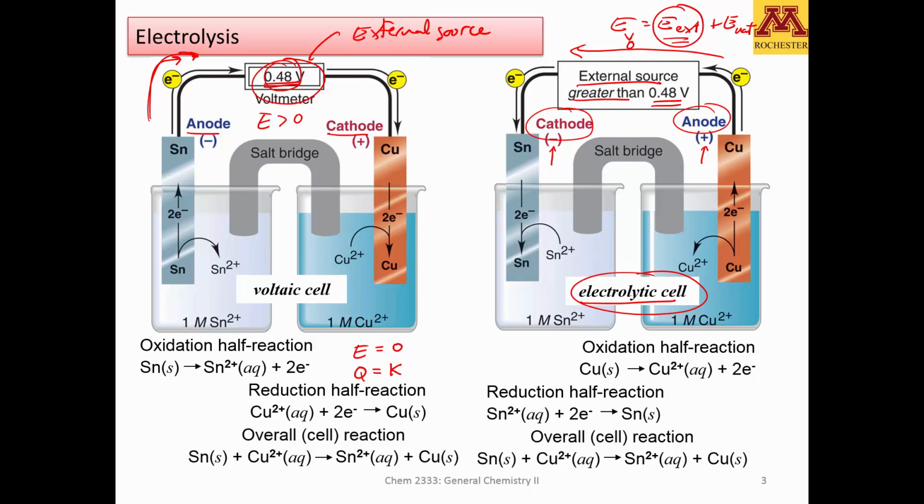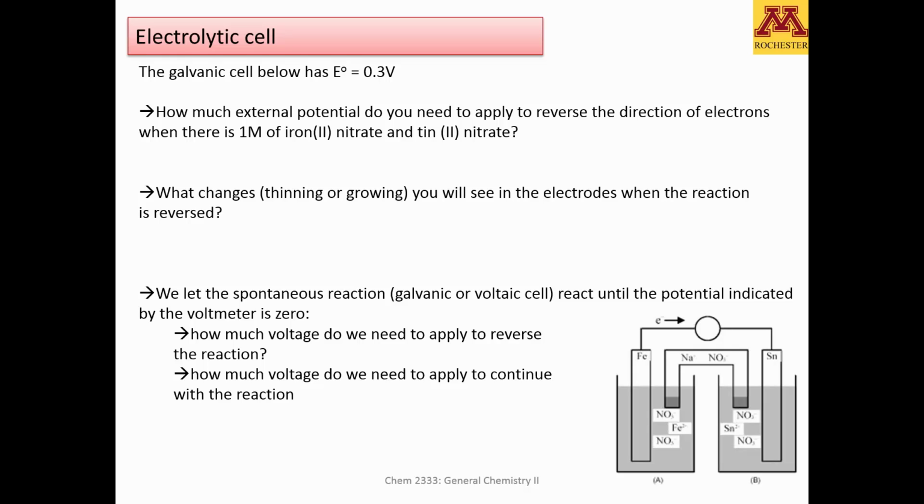Let's try to understand it more from the chemical point of view. So let's say that you set up a galvanic cell like this one that you have here, in which, as you can see, you have an electrode of iron, an electrode of tin, and some iron 2 plus and tin 2 plus.